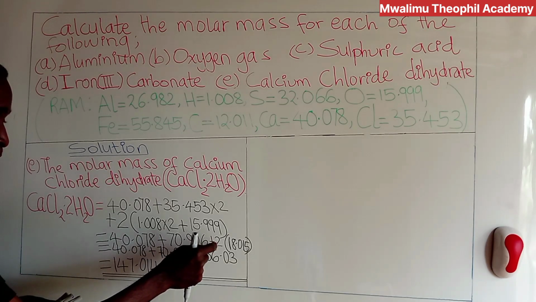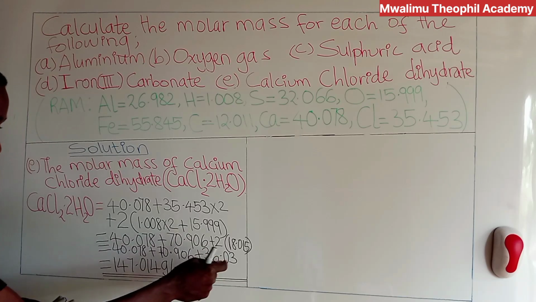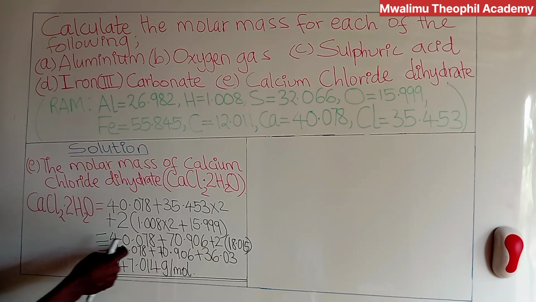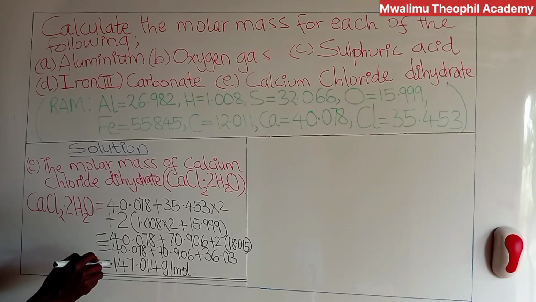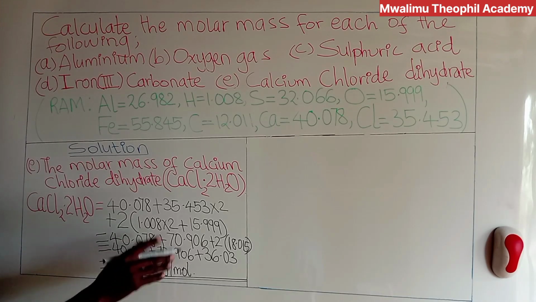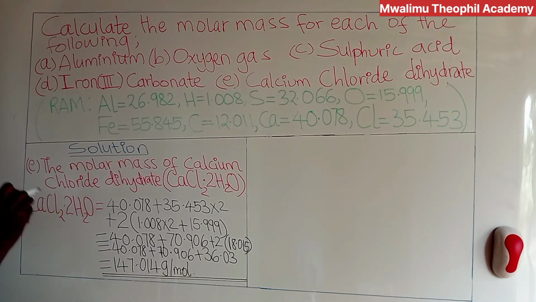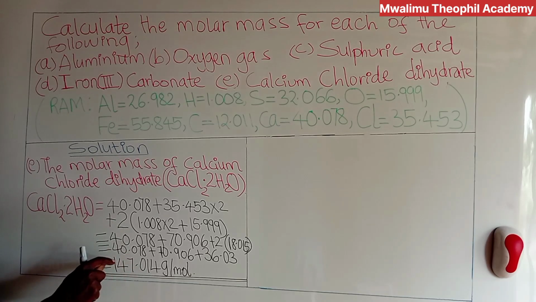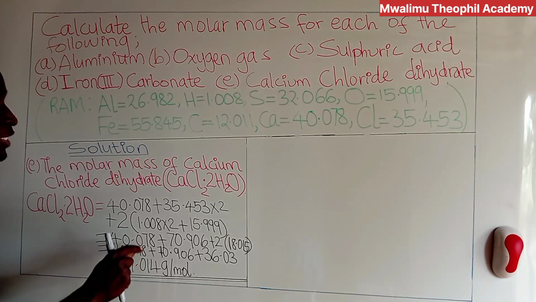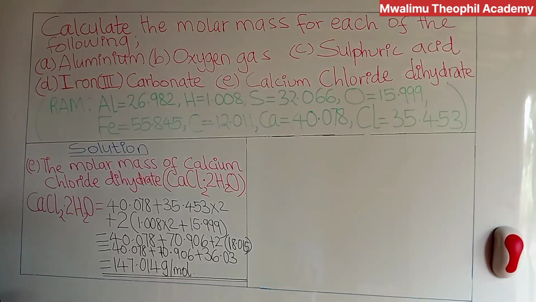Now, when we multiply by 2, we get 36.03. When we sum up these 3 values, we get 147.014 gram per mole. Now, the molar mass of calcium chloride dihydrate is 147.014 gram per mole. Therefore, this is the way we calculate the molar mass of various substances.